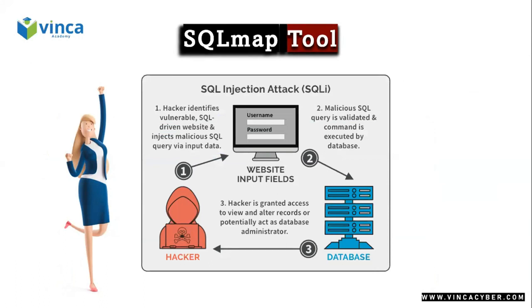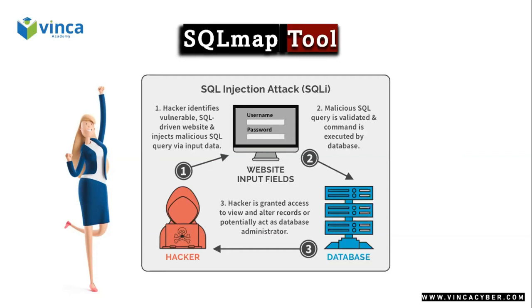So I am not going to inject manual malicious queries. I am going to use SQLmap, which will inject by itself. SQLmap itself will attempt to inject the queries, so it will be an automatic process. The hacker identifies the vulnerability and injects some queries inside the vulnerable website.